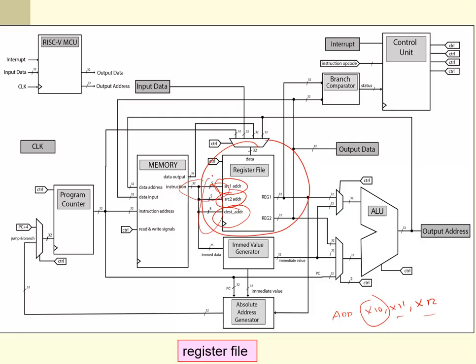So worst case, it's able to read two registers and write to a third register, and they can all be different registers. When it's reading, it takes the registers at these addresses and produces them on these outputs, under some control signals that we didn't put down there.